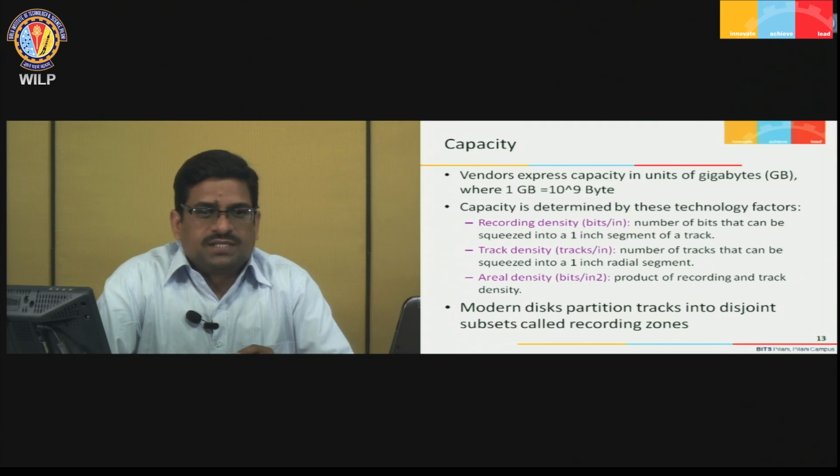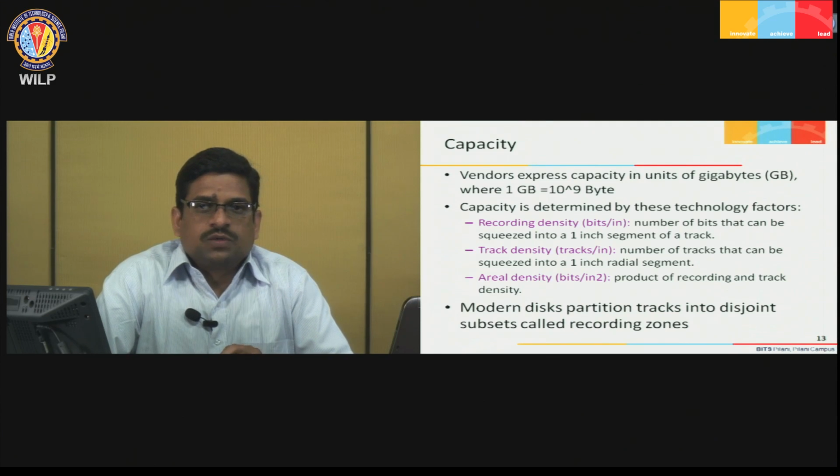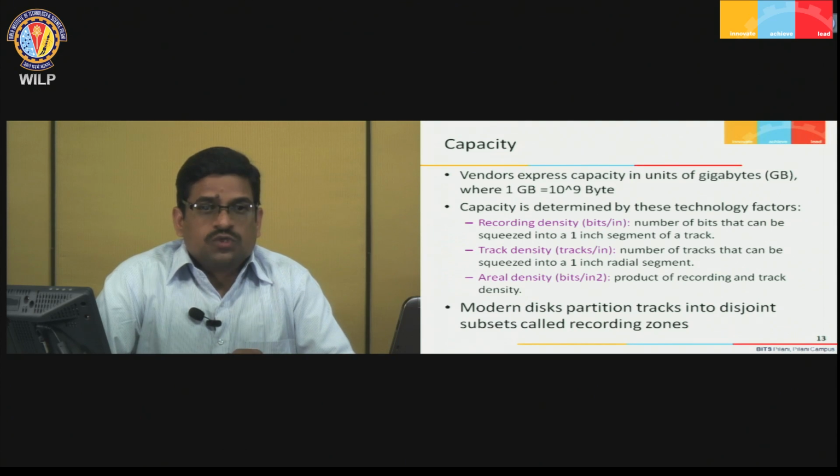Now, come to the capacity or storage capability. Usually the storage capacity of the disk, because as I said, these external storage devices are used for storing huge volumes of data, that is why the size comes in GBs, gigabytes.